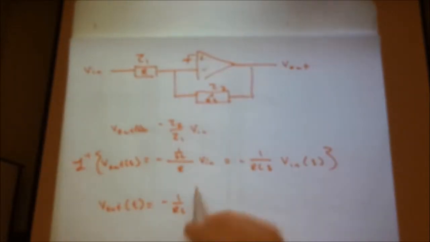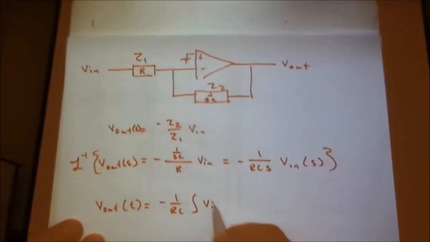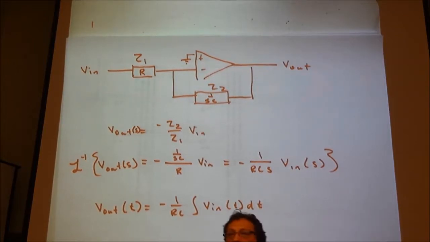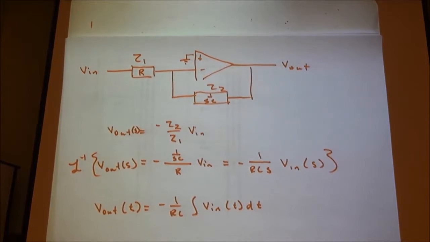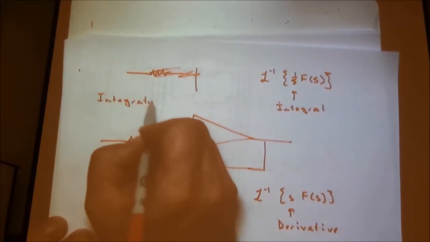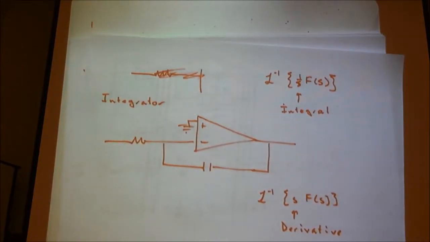So what do we have here? Vn of t. So we have that 1 over s term times Vn of s. You take the inverse Laplace transform of that, and that's the integral of Vn of t. And lo and behold, if you go back on your notes 4 weeks or so ago, we can recall that was the integrator.